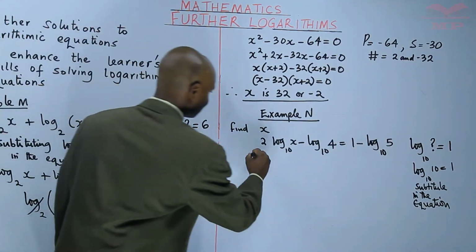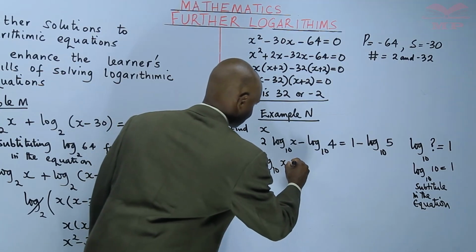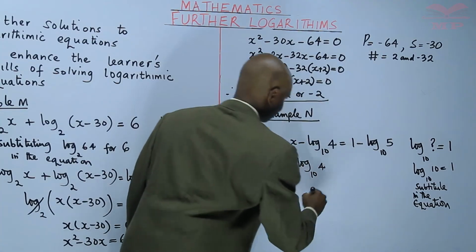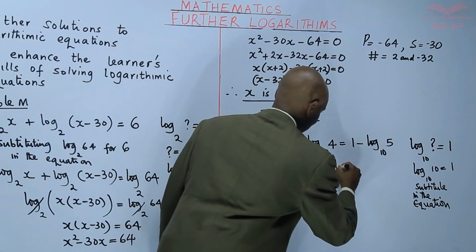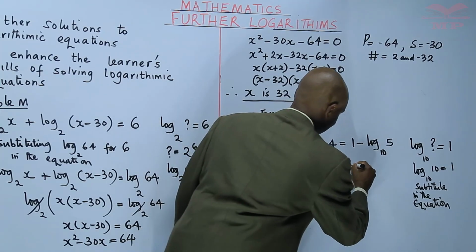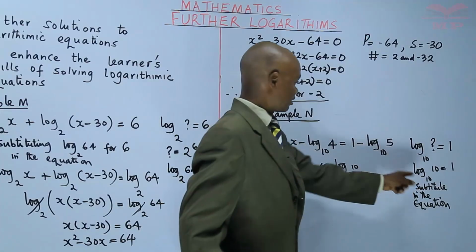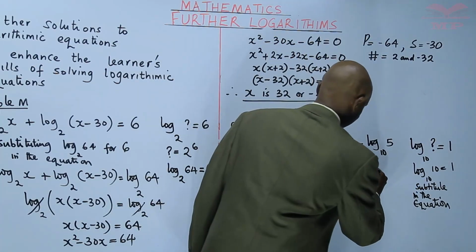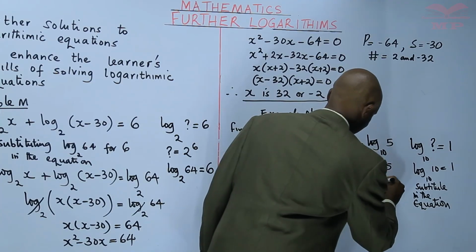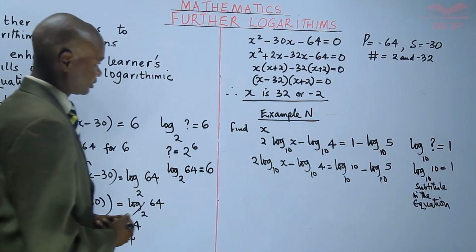So you shall come and have 2 log base 10 of x minus log base 10 of 4 is equal to log of 10 to the base 10, which I've got there for 1, minus log of 5 to the base 10. The laws of logarithms now come in.